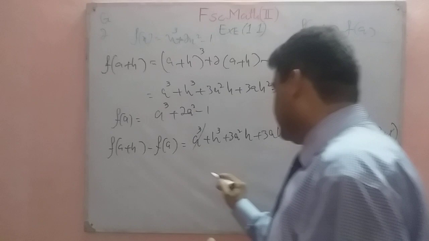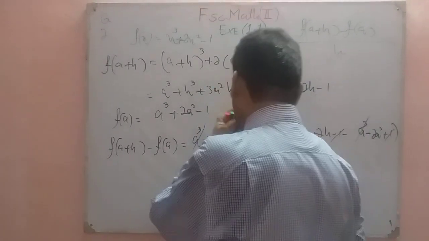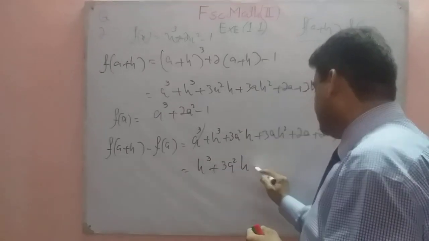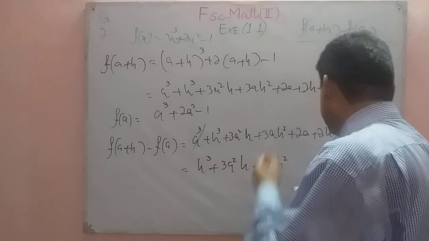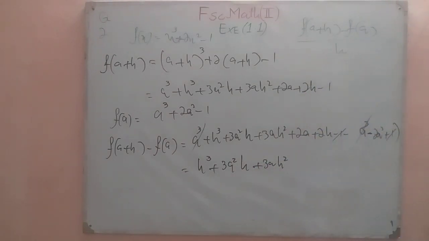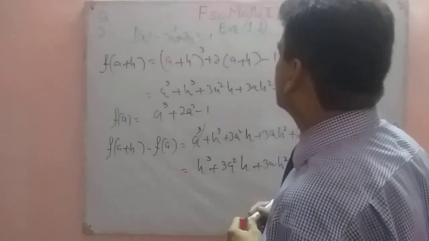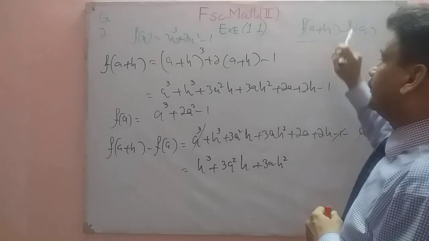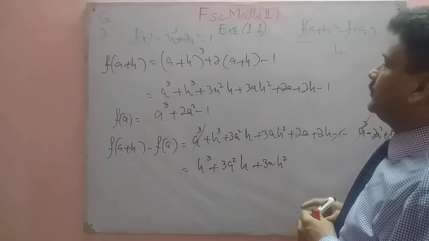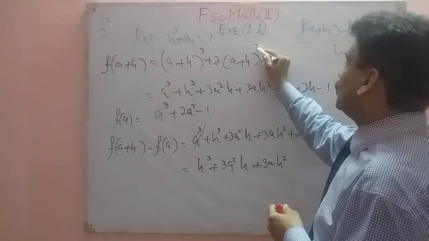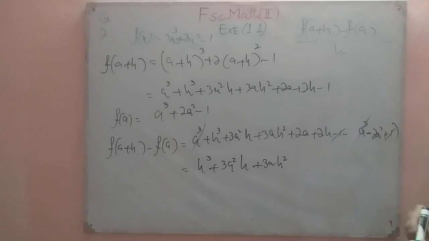After simplification we get h cube plus 3a square h plus 3a h square. When we find the value of f of a plus h, we write f of a plus h whole square.